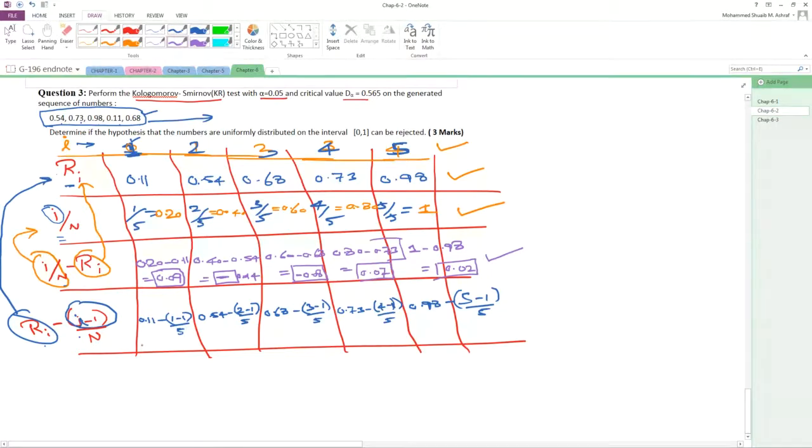What is the answer here? 1 minus 1 is 0, and 0 divided by 5 is automatically 0. Mohammed, open the calculator and tell me.